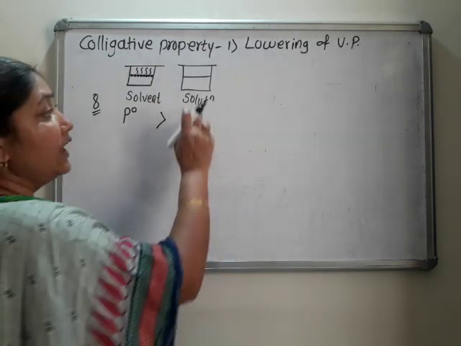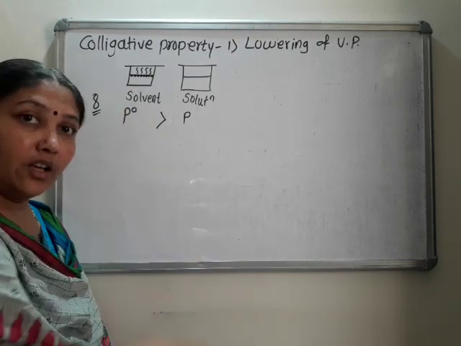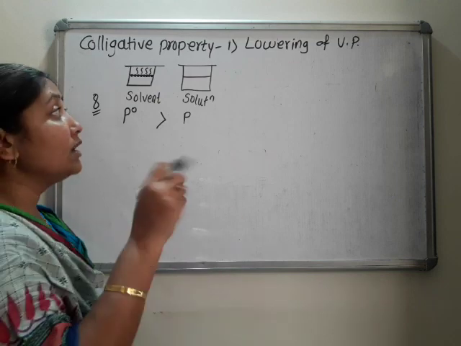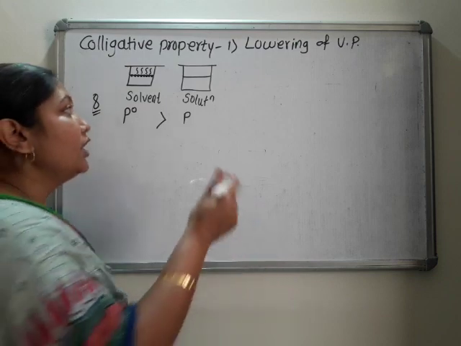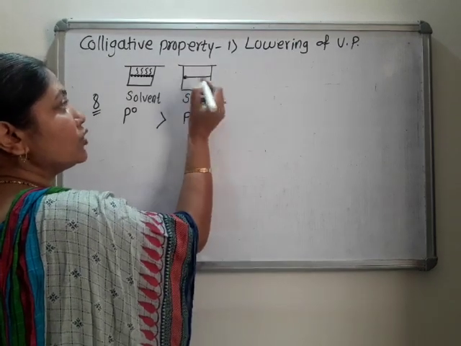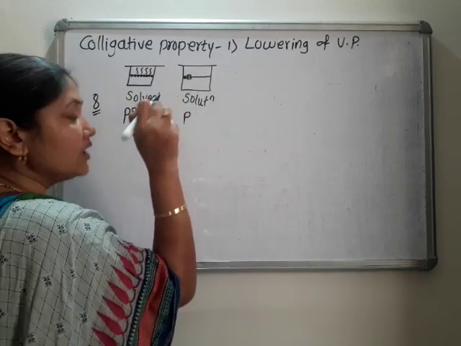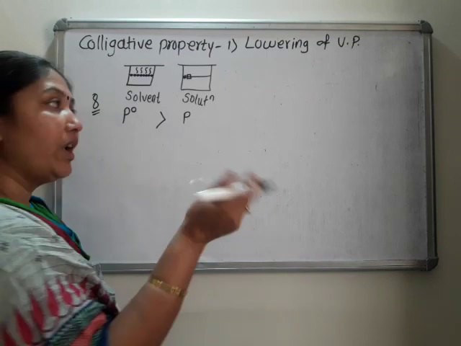All are volatile. In this case, now in the same solvent we have added solute, say sugar. So what will happen? Some solute particles occupy surface positions. Suppose this circle is solvent, this cross, this square is solute particle.